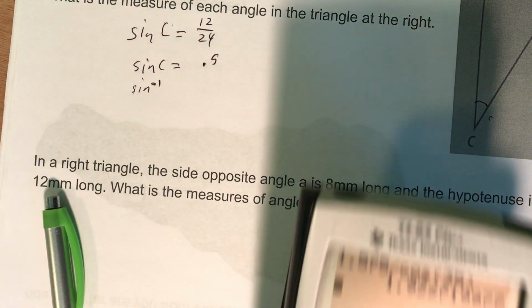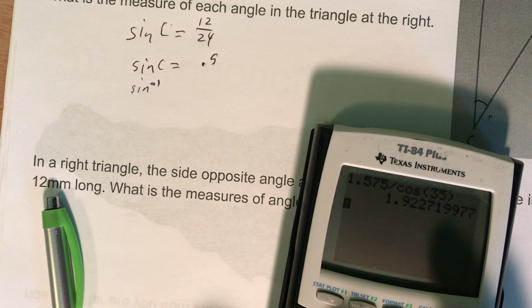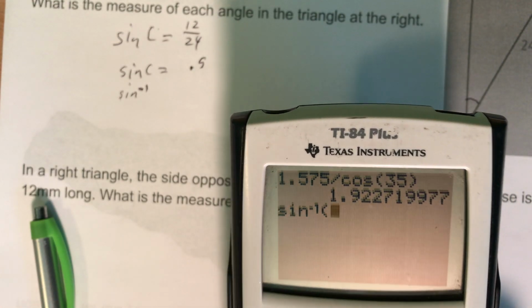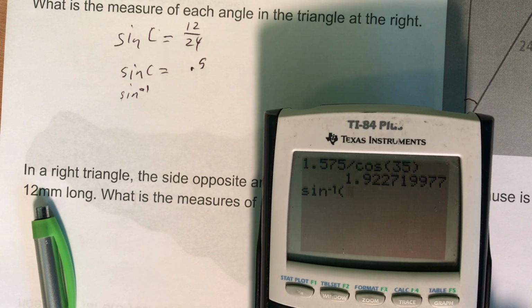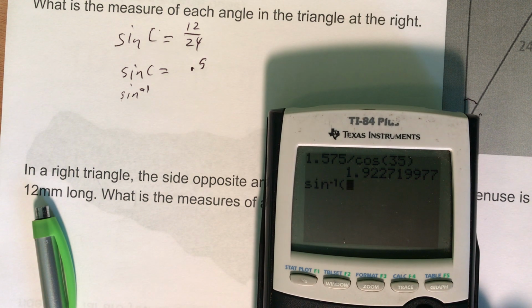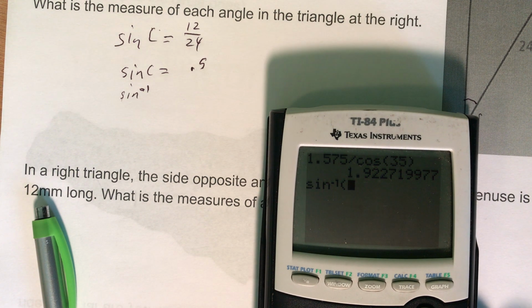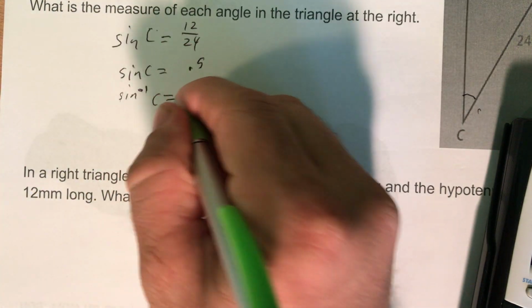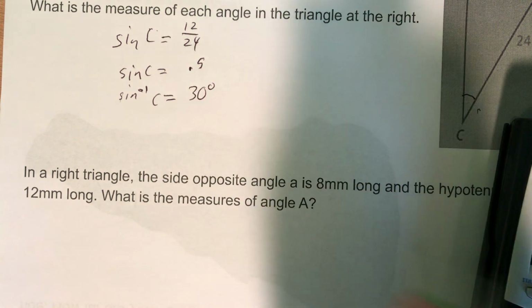On my calculator, I'm going to go second sine. Then you plug in your 0.5 and you get 30. So the measure of C is 30 degrees.